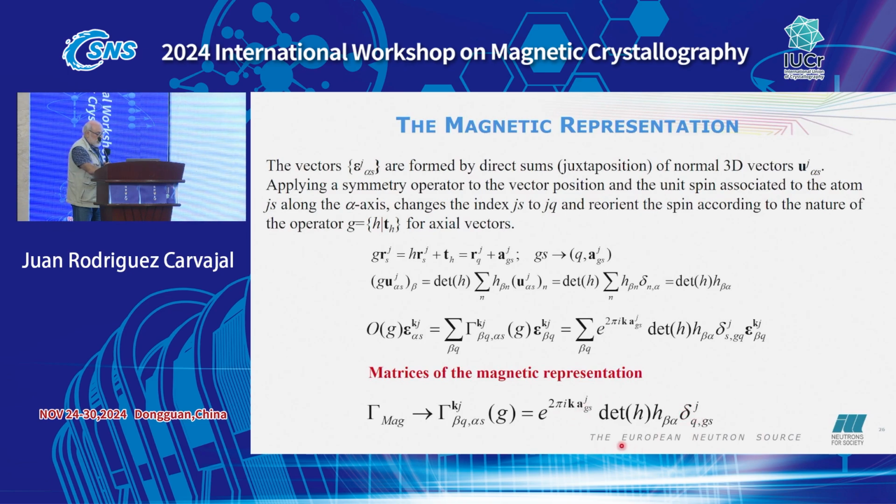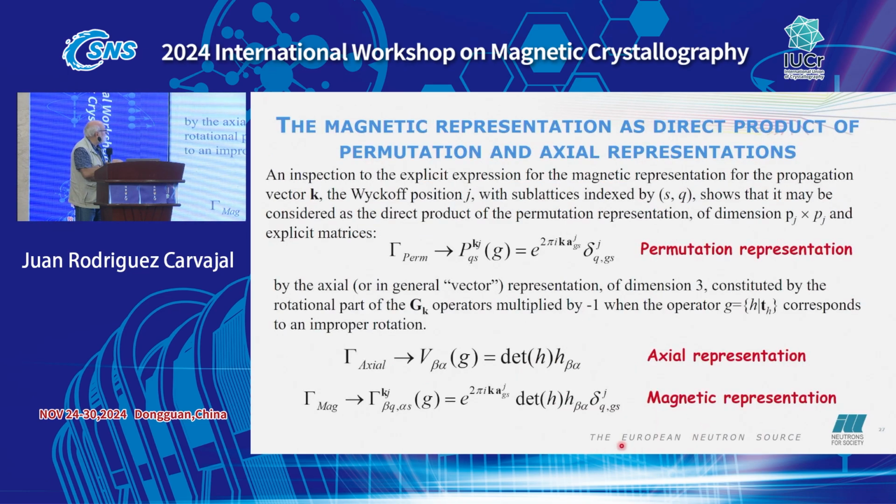You see, this is the permutational representation. This is a dimension Na by Na. Na is the number of atoms in the primitive unit cell. In general they are complex, but it's a permutation representation.